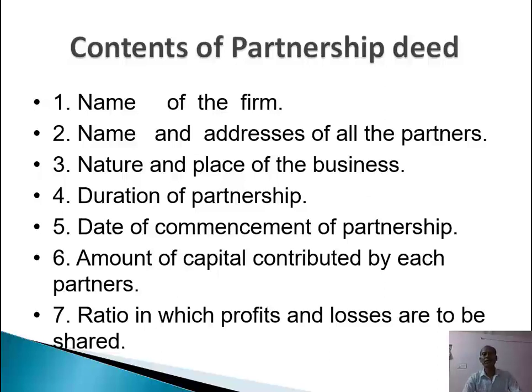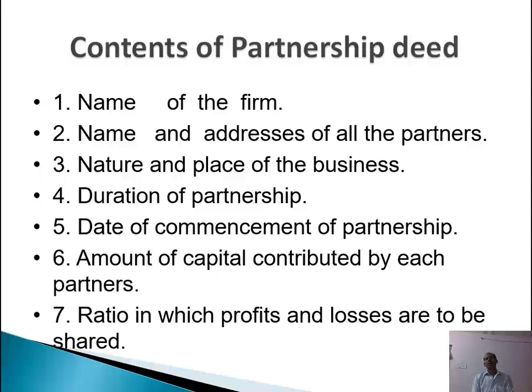Amount of capital contributed by each partner. So there must be an agreement on how much capital should be brought by the partners.